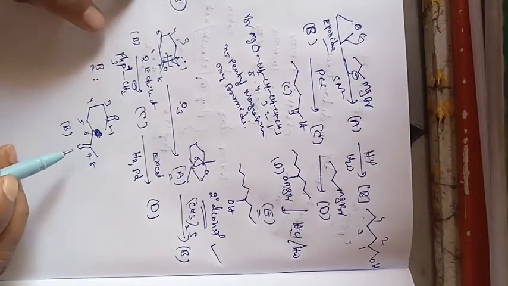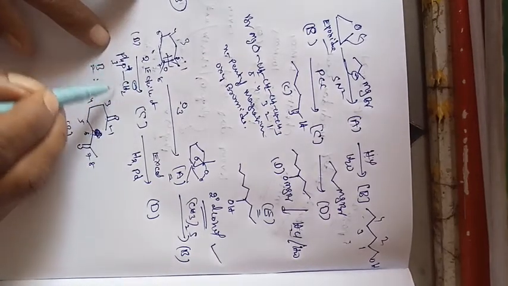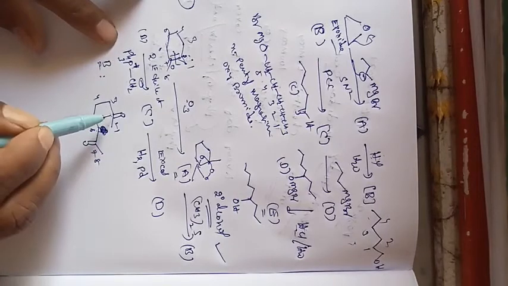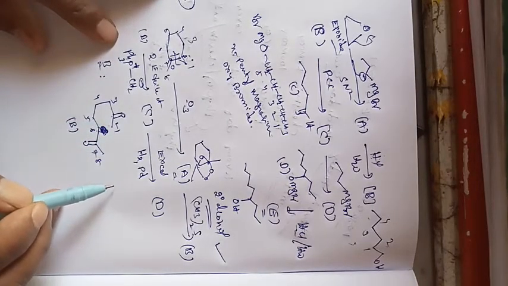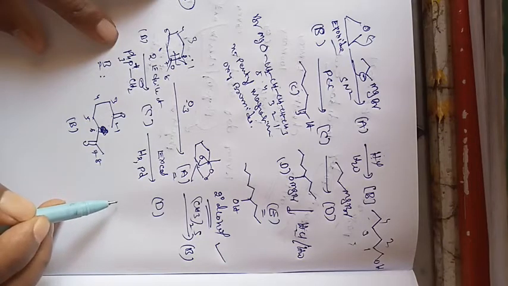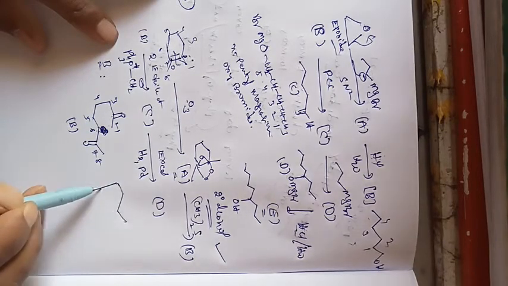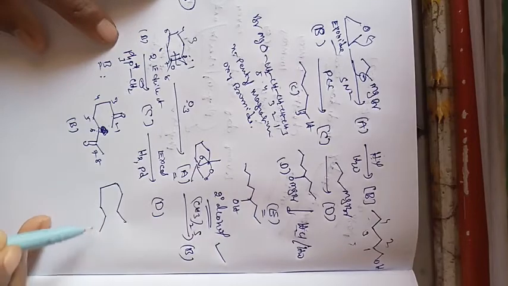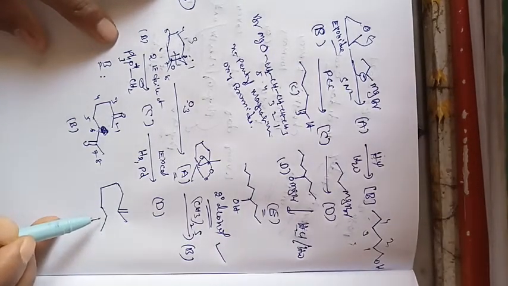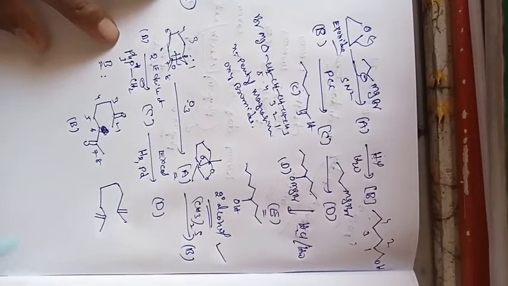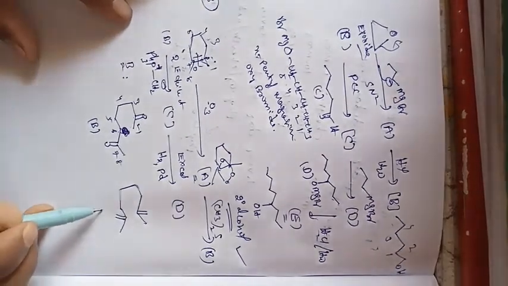So this one, two equivalents of Wittig reaction. So this C double bond O is converted into alkene. So what is that C product? C product is like this. C double bond O will become CH2. So this is the C product.